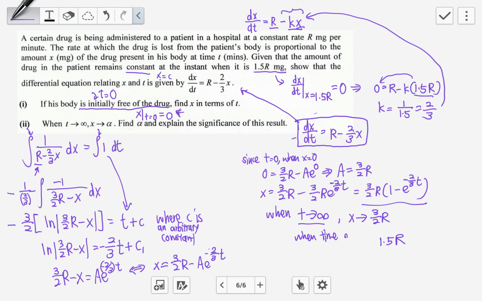So if you want to keep that level of drug in the patient, you should continuously apply the drug for infinity amount of time. Right? So if you calculate this wrongly, I don't know what happens to the patient, right? Yeah. So that's it for this question.